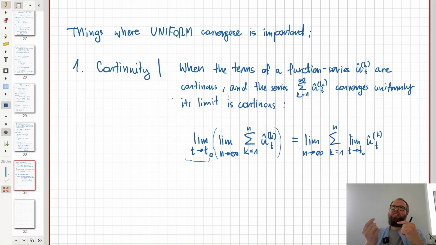We switched the order of limits. So this is a nice way of thinking about this. Uniform convergence allows us to switch the order of limits. This is like a slogan, a bumper sticker.